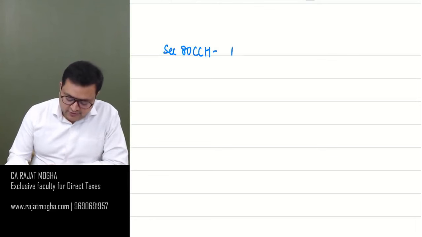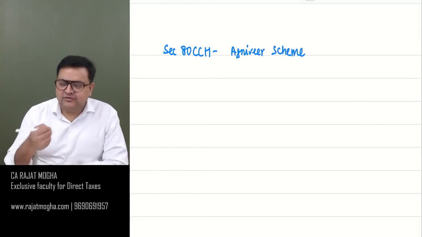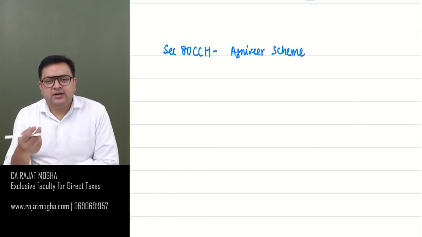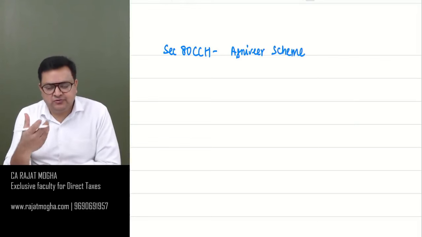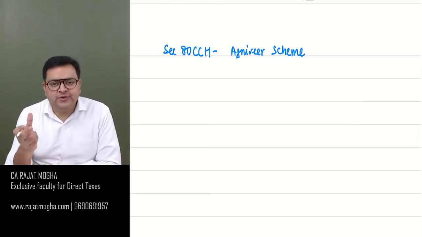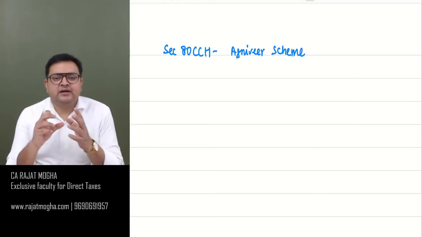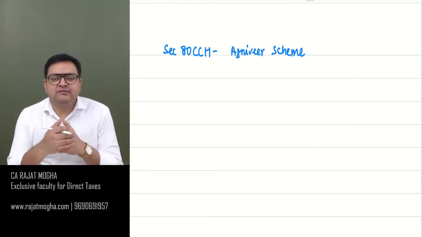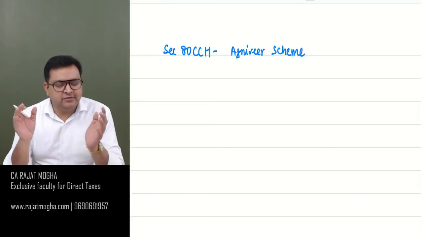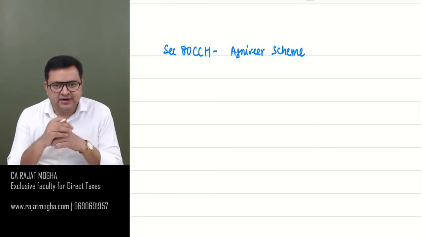This is related to the Agniveer scheme. And I believe you must be aware of the Agniveer scheme. This is a scheme of the central government that those young people who would like to join the armed forces will be employed in armed forces for a few years. After that, they will be retired, and they would be receiving some money from the Agniveer Corpus Fund that is completely exempt. Whatever money you receive is completely exempt.